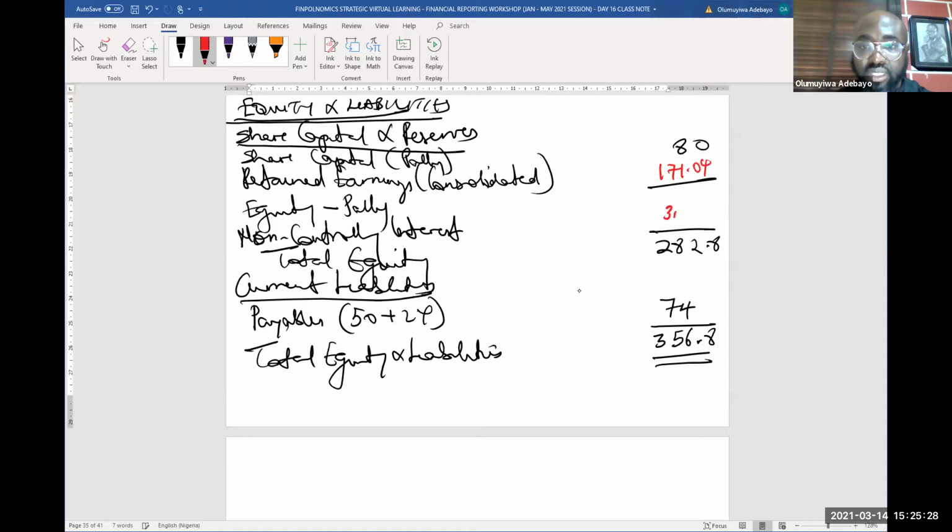This should give us 251.04. And this should still give us the same figure, which means it's just a distribution between consolidated retained earnings and the amount of NCI. All other things remain the same.